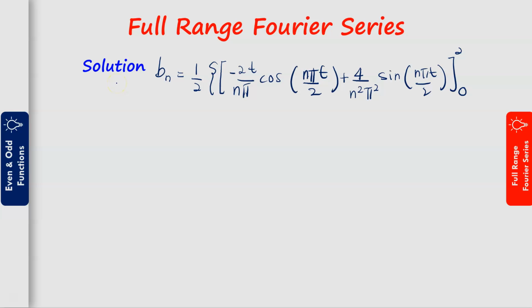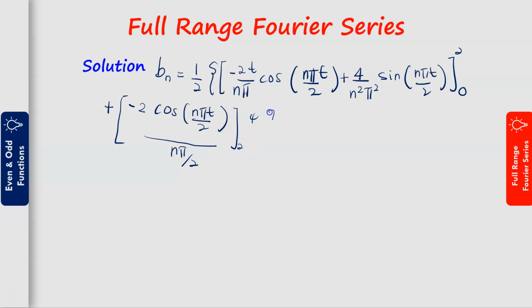And then we add the integration from 2 to 4 of 2 sine n pi t over 2 dt, which means when you solve the second part, you will have negative 2 cos n pi t over 2, divided by 2, and then we need to differentiate inside, so it is divided by n pi over 2. It has the limit from 2 to 4.